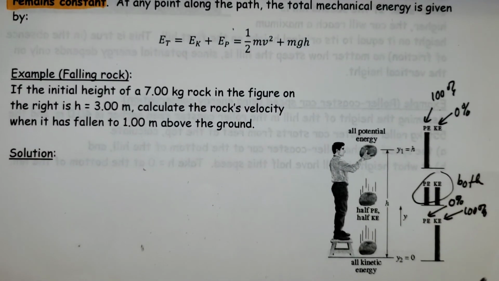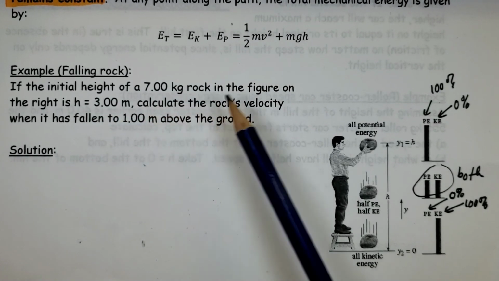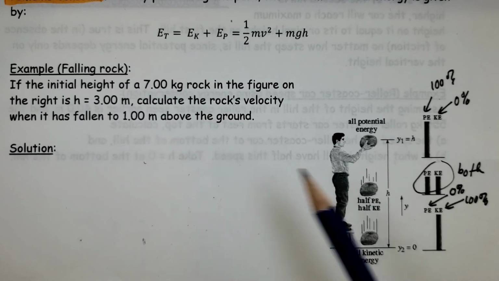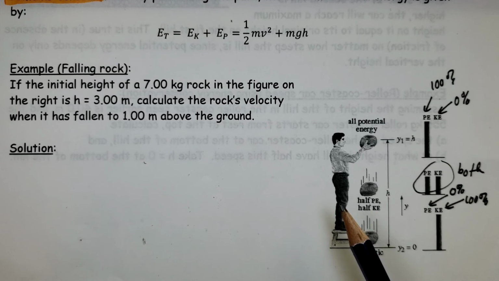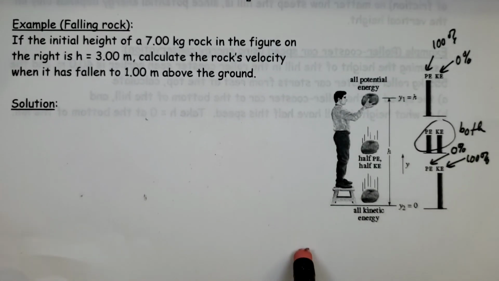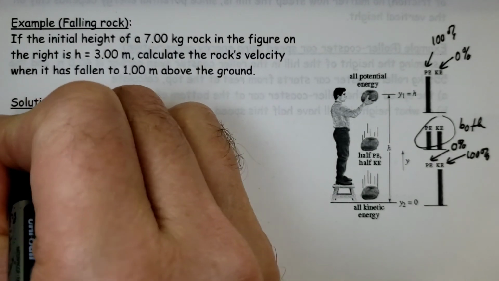So let's look at that rock example here at the bottom. If the initial height of a 7 kg rock in the figure on the right is 3 meters, calculate the rock's velocity when it has fallen and it's somewhere over here, 1 meter above the ground. So the key thing here is to look at it. We can figure out the total mechanical energy by looking at what's happening here initially.